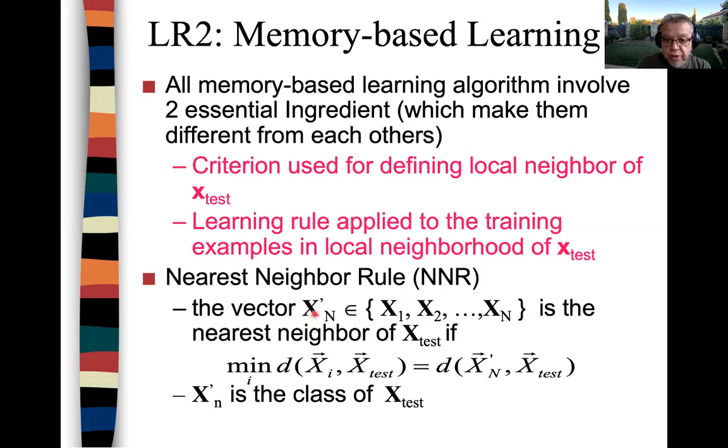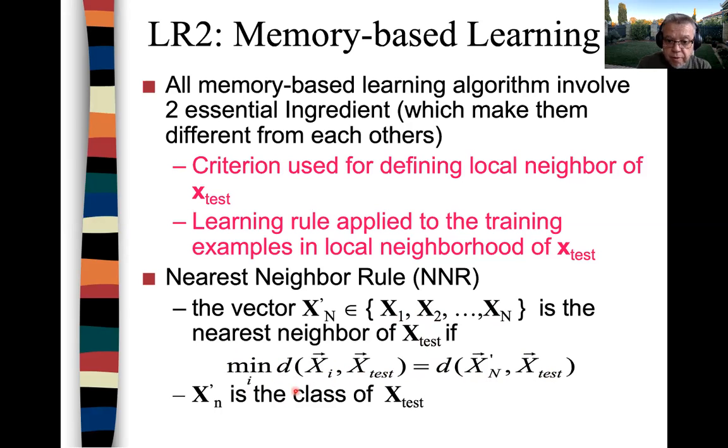You say that X prime N is the nearest neighbor of X test if the distance between X test and X prime N is the minimum: you go to X test and compute the distance to all the Xi's, all the elements in that set, and then you look for the minimum one.